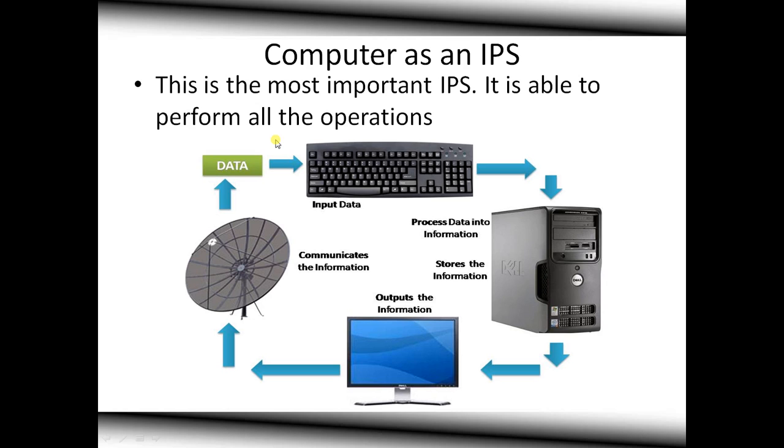Or he may read something from it and then type his own thing. Then the procedure or the operations carry on. So that is how your computer works as an information processing system.